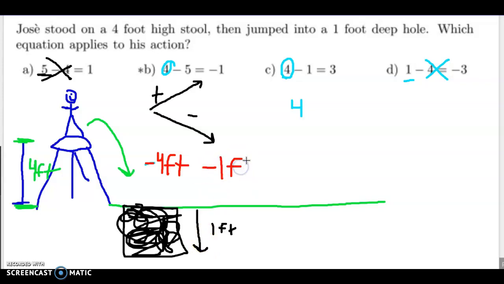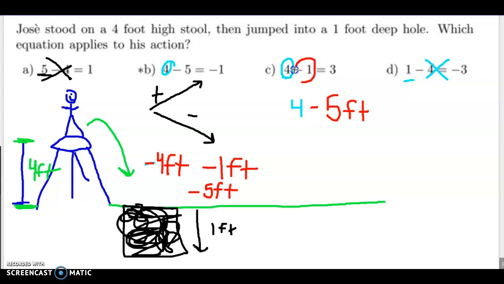So I went down 4 feet to get to the original level of the ground, and then I jumped down another foot into the hole. So if I went down 4 and then 1 more, I went down a total of 5 feet. So I'm going to start at 4 feet and jump down another 5 feet. Which one of these shows that?